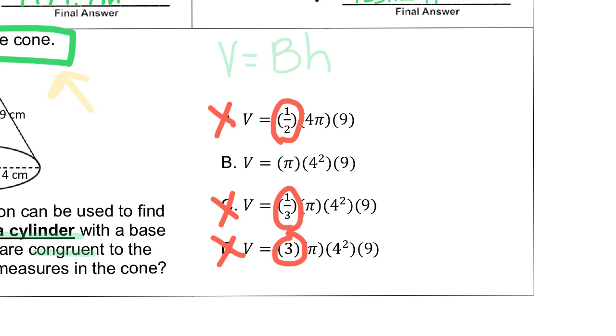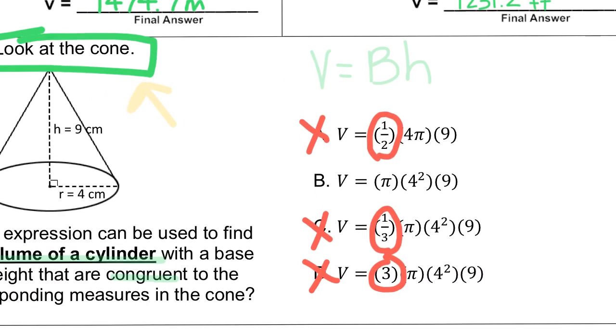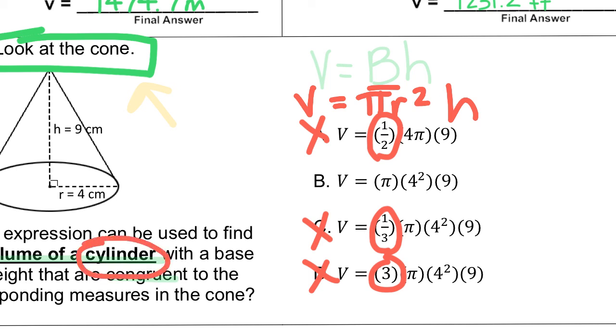So let's go back to this volume and make sure B is correct. Volume is equal to big B times the height. Remember, big B is so big, she's a whole formula. So it's pi r squared times the height. That will equal the volume of the cylinder. So what's our R?